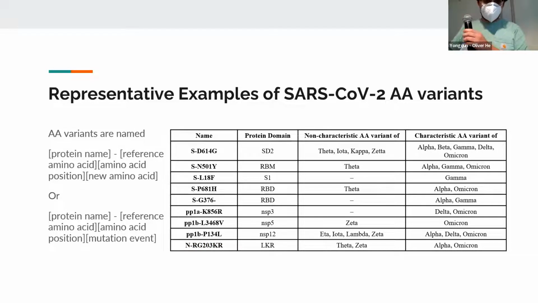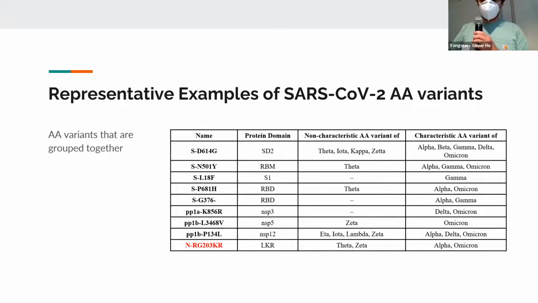Okay, I think this is an older version, so I apologize, but what I wanted to highlight over here is that one of the amino acid variants is the nucleocapsid RG203KR. So this is more of a legacy amino acid variant in that we have two specific mutated amino acid residues that are strongly associated with each other as part of experimental evidence.